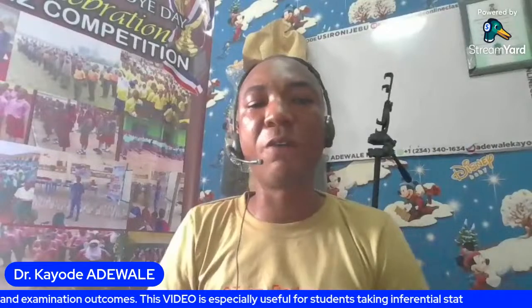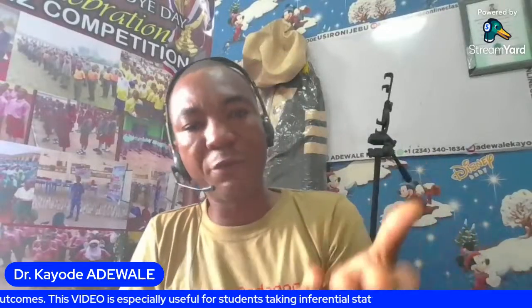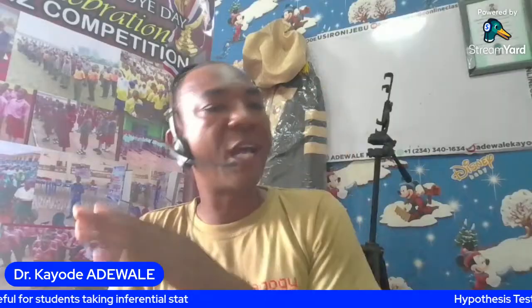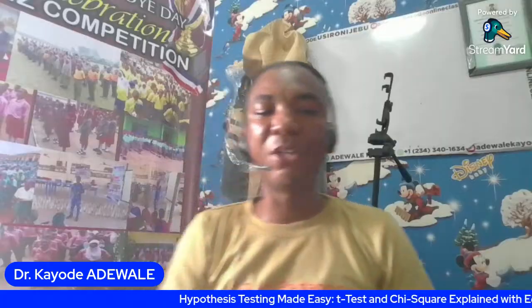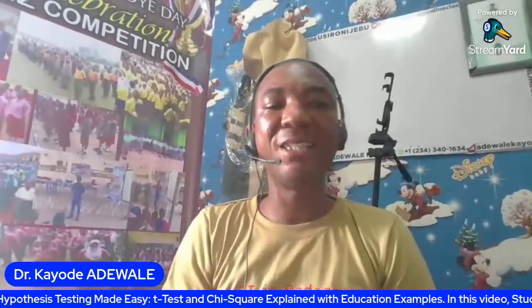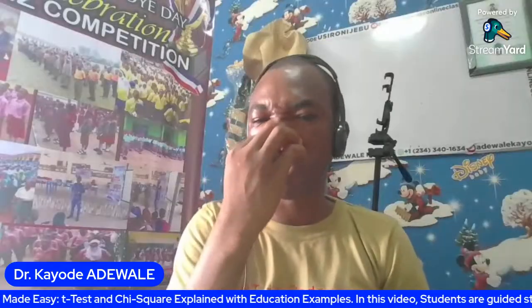A good example of the variables is gender, which is male and female, and subject preference, maybe science and humanities. Let me show you a good hypothesis statement.